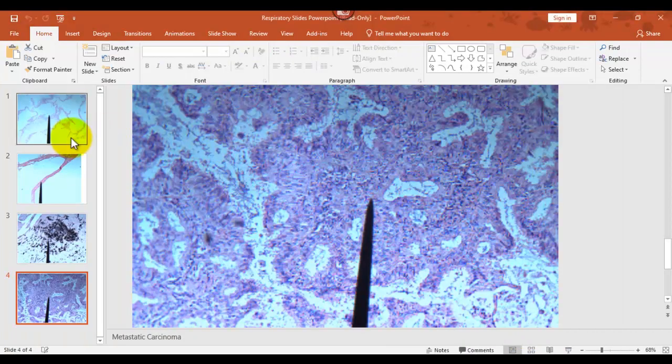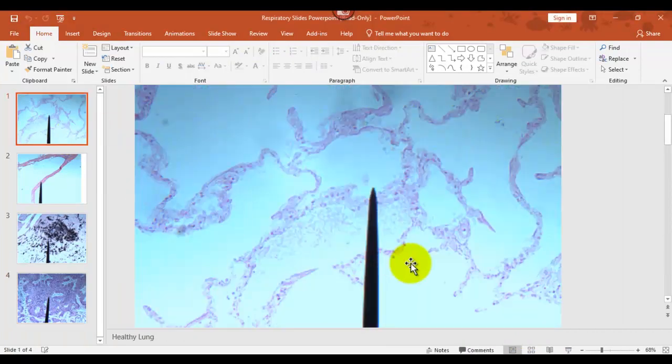Now, I didn't give you access to this. I don't think you really need it, so I didn't put this in our unit. This is from an anatomy course. This is healthy lung tissue. The white spaces are alveoli, and here are the walls of the alveoli, and that's where all the gas exchange takes place. That's how oxygen gets into the blood.